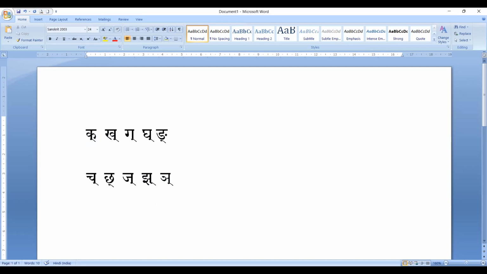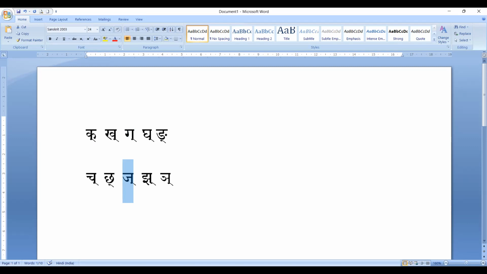Now, Gakara is what letter? The third letter in the series. Then what are the properties of Gakara? It is Alpaprana and Mruduvanjanam. Therefore, this Chavarga letter has to be replaced by the corresponding Alpaprana Mruduvanjanam letter.